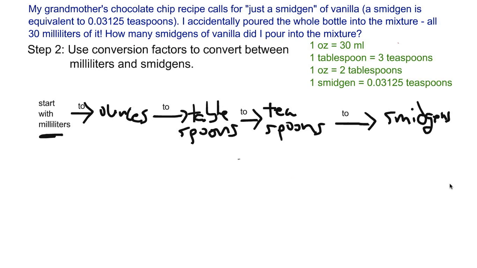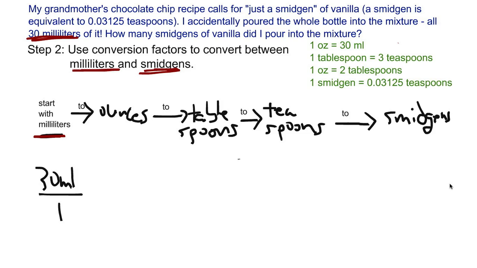For our next step, we're going to use conversion factors to convert between milliliters and smidgens. Of course, starting with milliliters, since that is what's given to us in the problem. We turn that into a fraction first. 30 milliliters over 1.